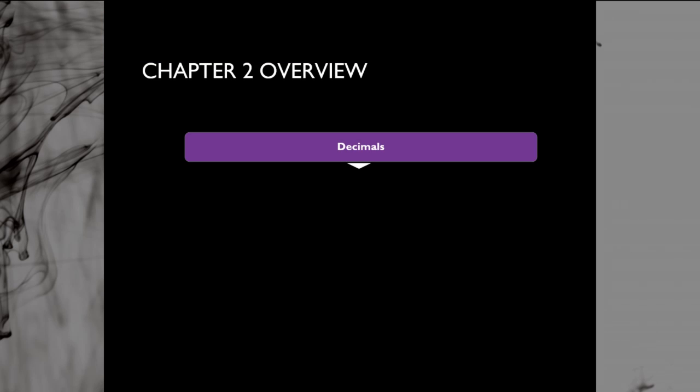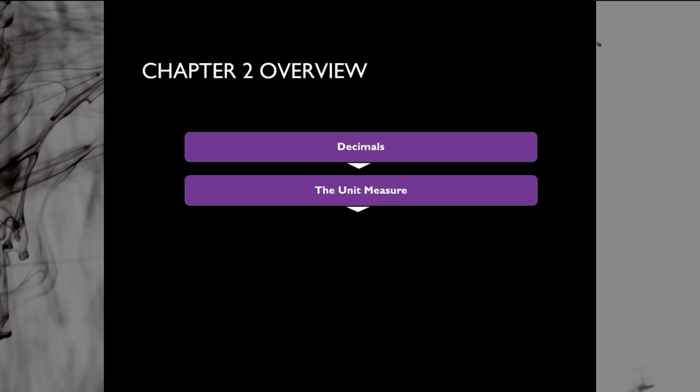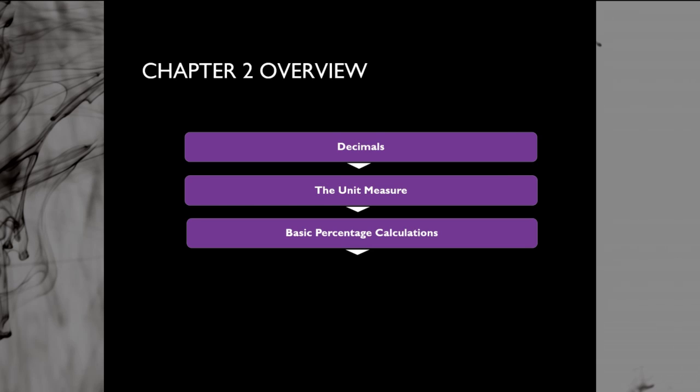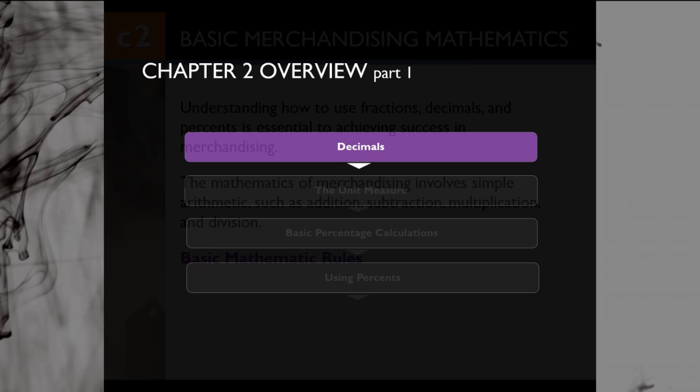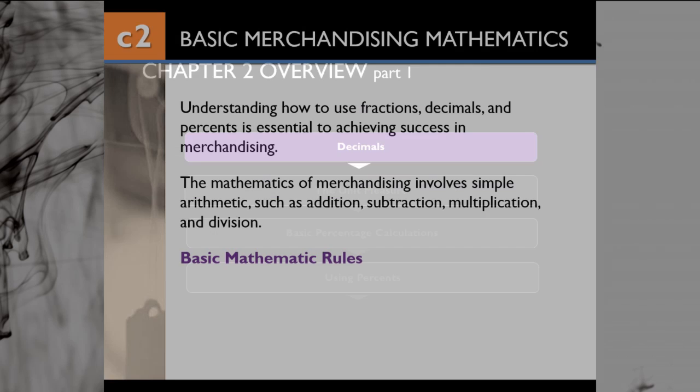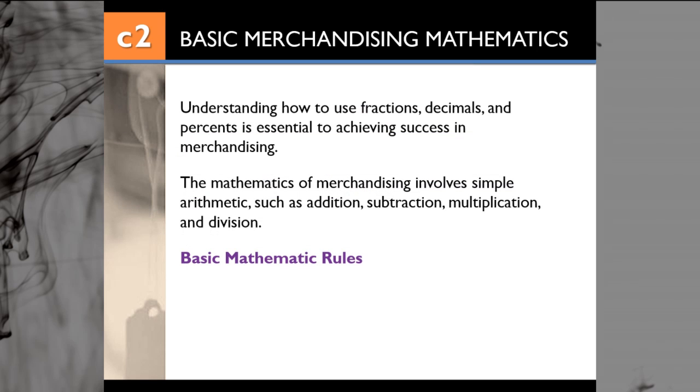So for the Chapter 2 overview, we will start with decimals and how you can use them, and we will learn about unit measure and basic percentage calculation and using percent. Especially for Chapter 2, Part 1, you will learn the decimals. So let's go ahead and get started.